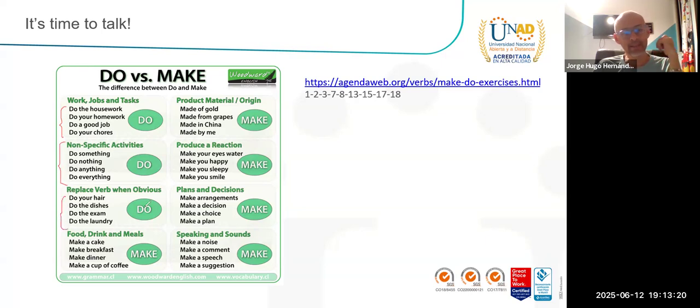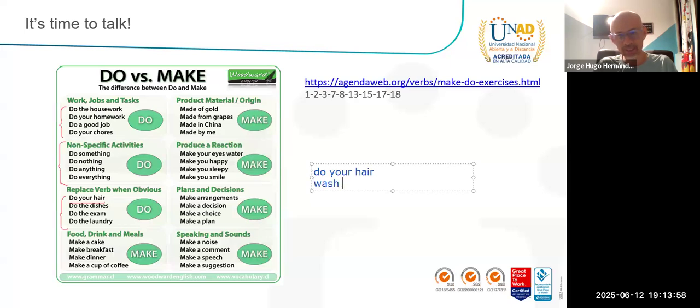When we replace a verb, for example, the usual verb we use is comb your hair, no? I'm going to write it here. The usual form is comb your hair. That's the common way. But when it's very obvious that you comb your hair, you can say do your hair, no?